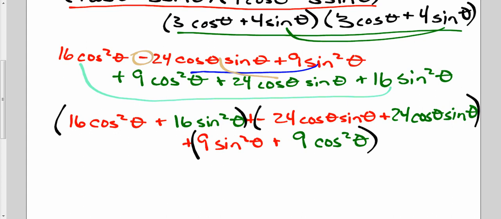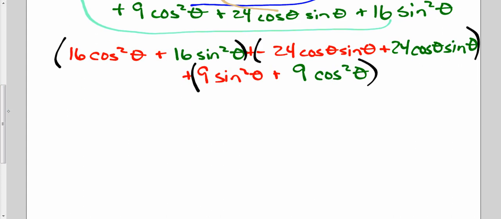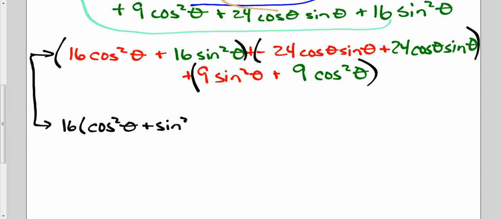But before I do, what can I factor out of this set of parentheses? 16, right? So this first one right here is 16 times cosine squared theta plus sine squared theta, right?